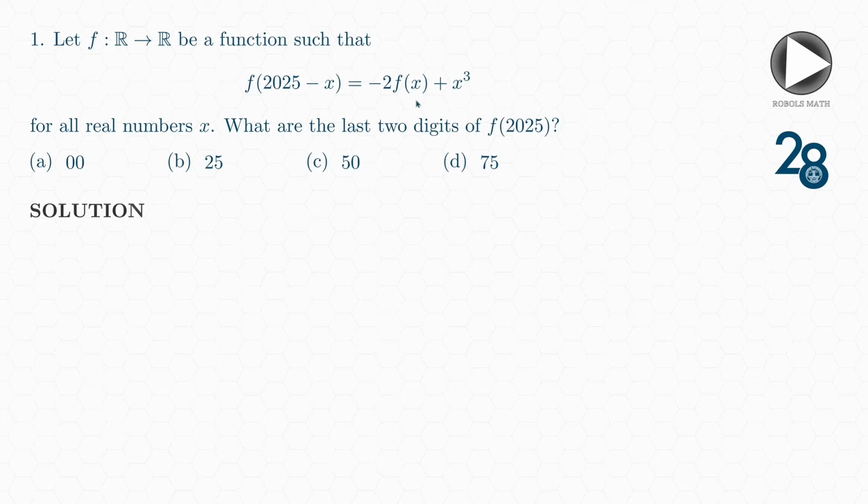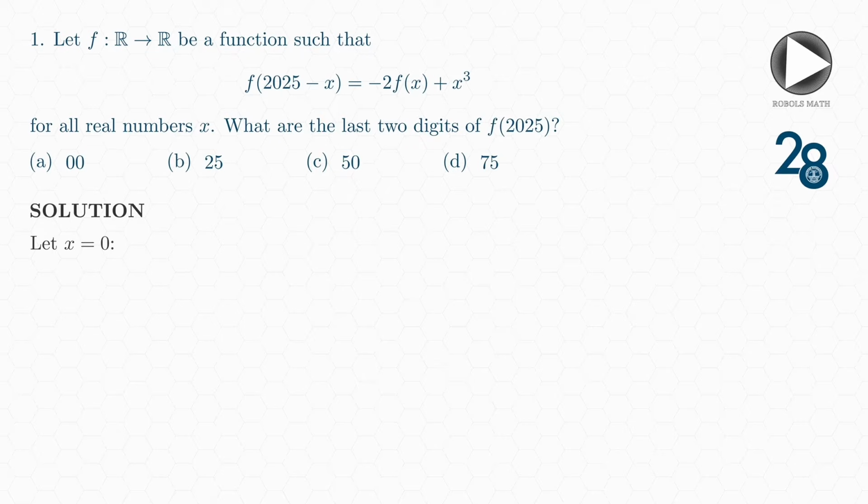Know that if you use 2025 as a value of x in the equation, you'll get f of 2025 minus 2025 here, which is f of 0, and then 2025 here. So perhaps the values that we should be looking at are x equals 0 and x equals 2025. You feel me? Okay.